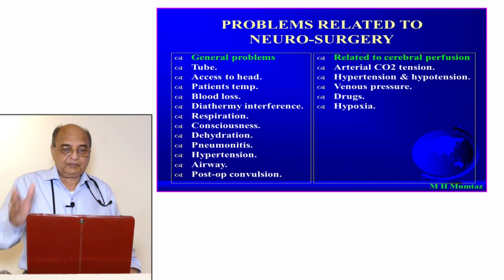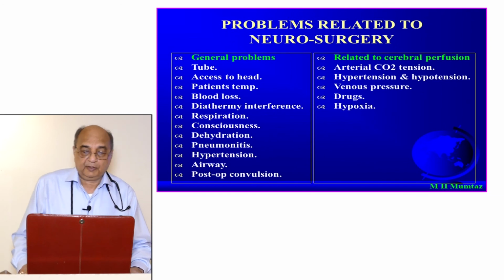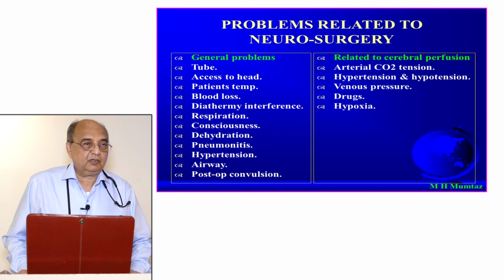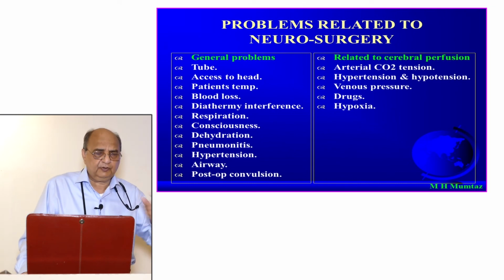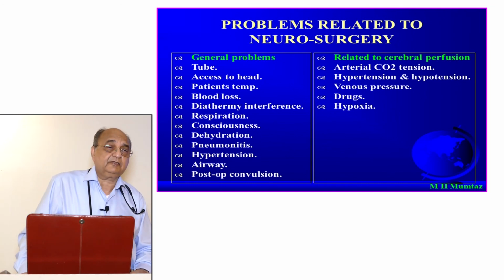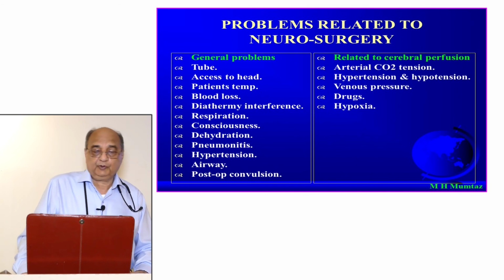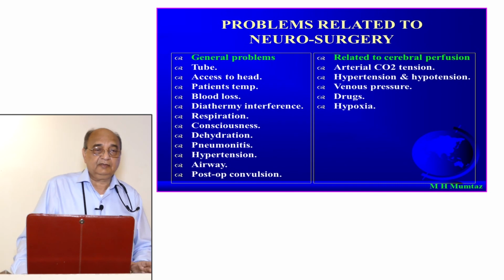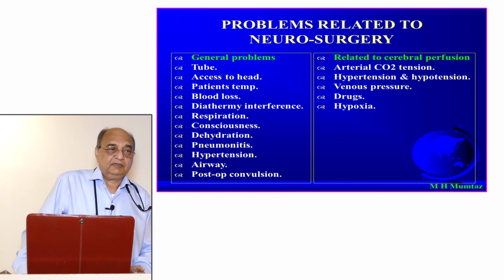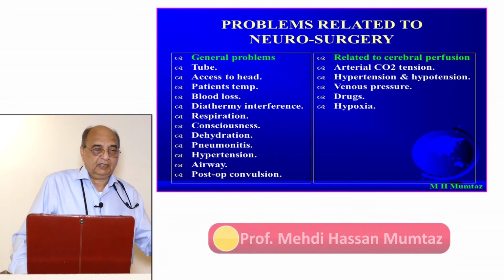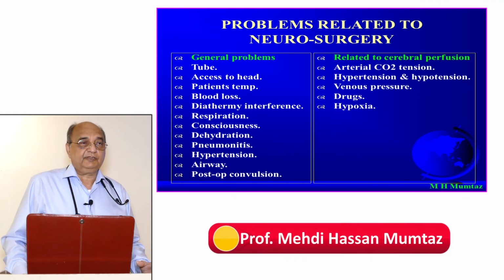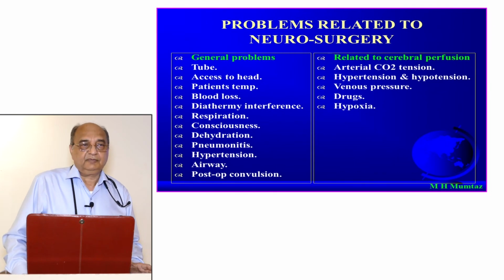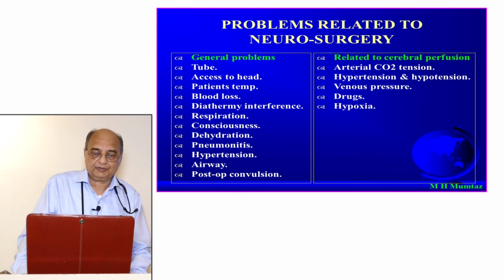Then related to cerebral perfusion problems, like arterial CO2 tension, you should be constantly and continuously monitoring this, including end-tidal CO2. It's very important because you ventilate the patient when you are anesthetizing these patients and take the CO2 down to 30 to 35 millimeter mercury and never ever below 25, because this will cause severe vasoconstriction.